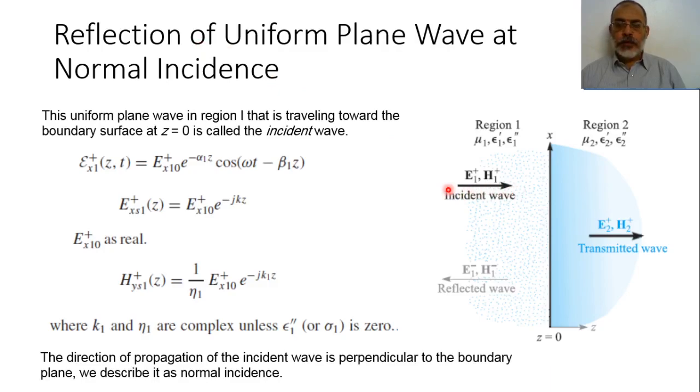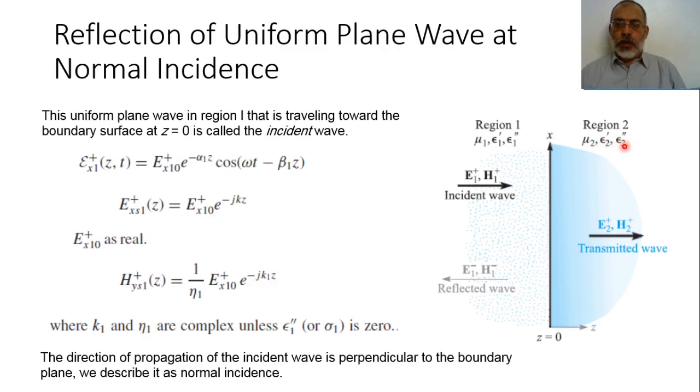In this case, we are going to assume that we have two semi-infinite media, region 1 and region 2, where region 1 is characterized by electrical and magnetic parameters mu1, epsilon 1 dash and epsilon 1 double dash, and region 2 is characterized by electrical and magnetic parameters mu2, epsilon 2 dash and epsilon 2 double dash.